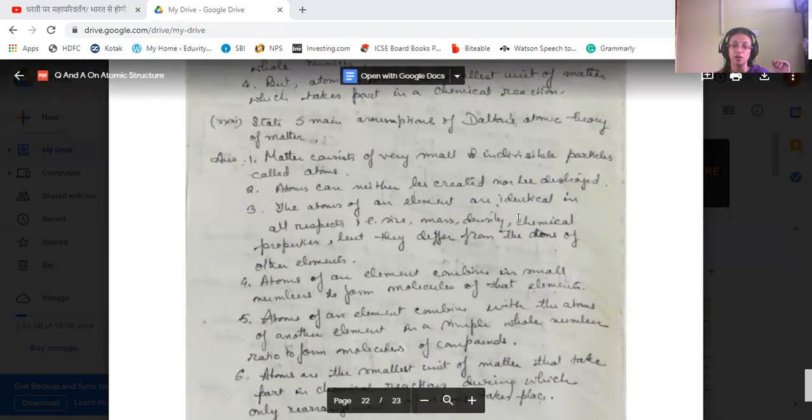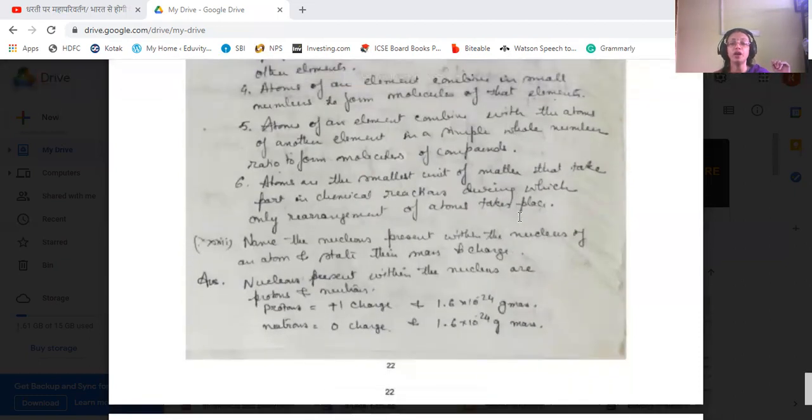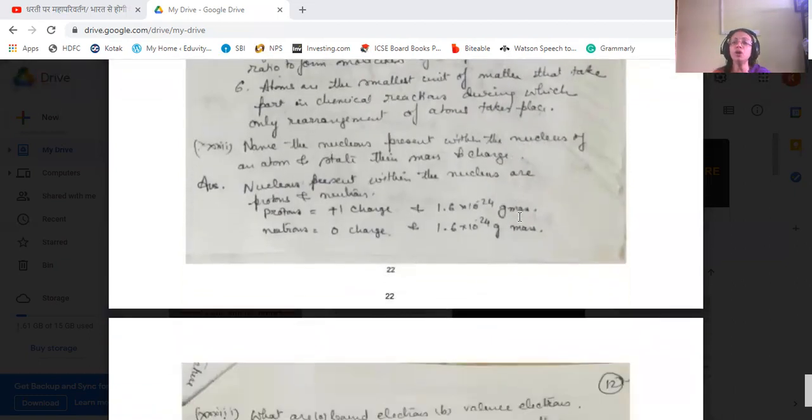Next we come to name the nucleons present within the nucleus of an atom and state their mass and charge. Nucleons which are present within the nucleus are protons and neutrons. So protons and neutrons combined together form nucleons. Protons have positive charge, whereas neutrons have zero charge, neutral charge.